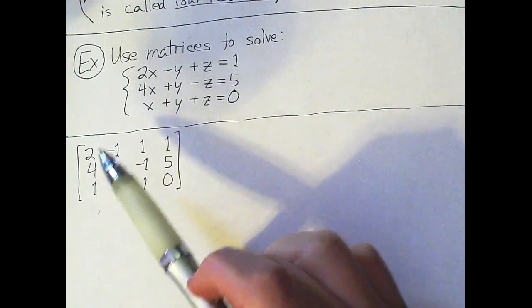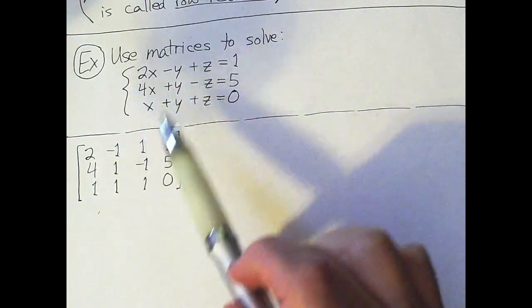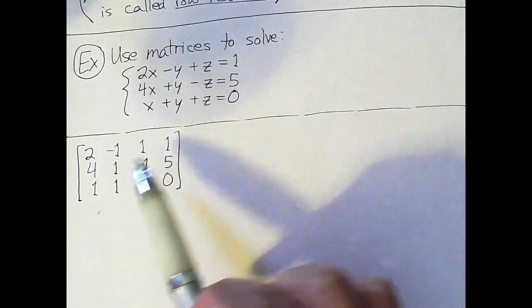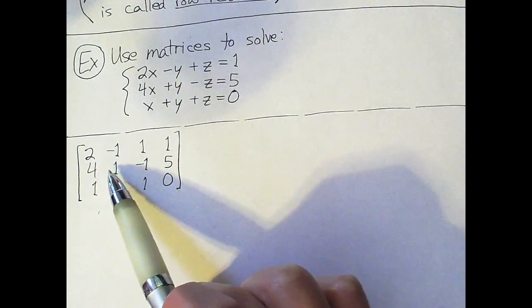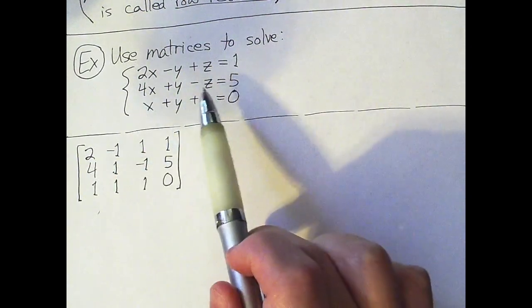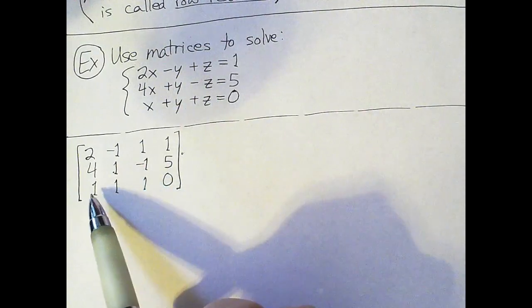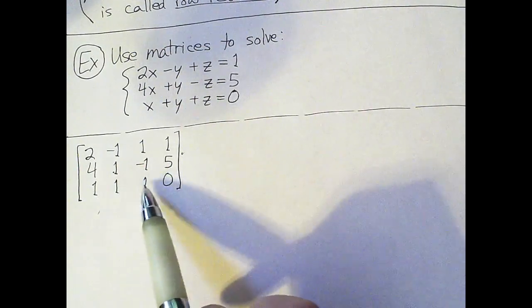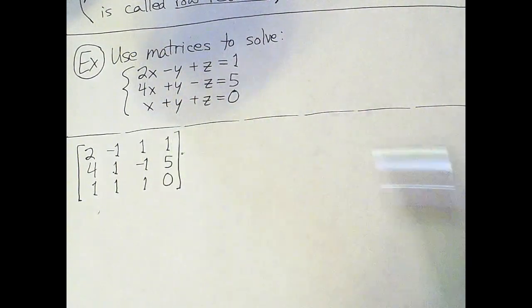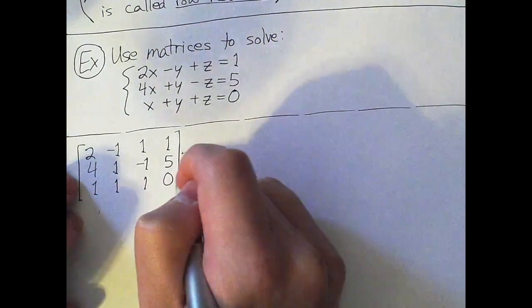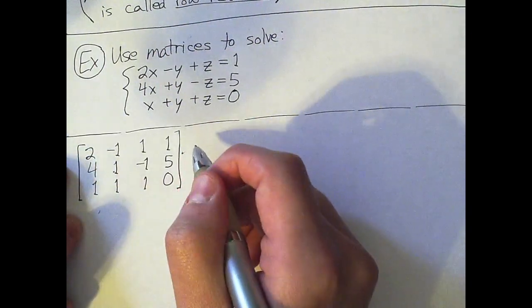First equation, 2, -1, 1, 1. Yeah, first row looks good. 4, 1, -1, 5. Good. Last one, there's 1, 1, 1, and a 0. Good. Okay, that was quick, but it was worth double checking.